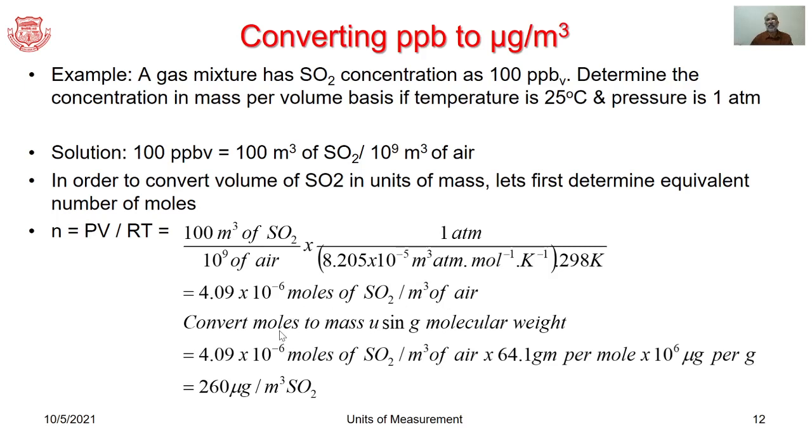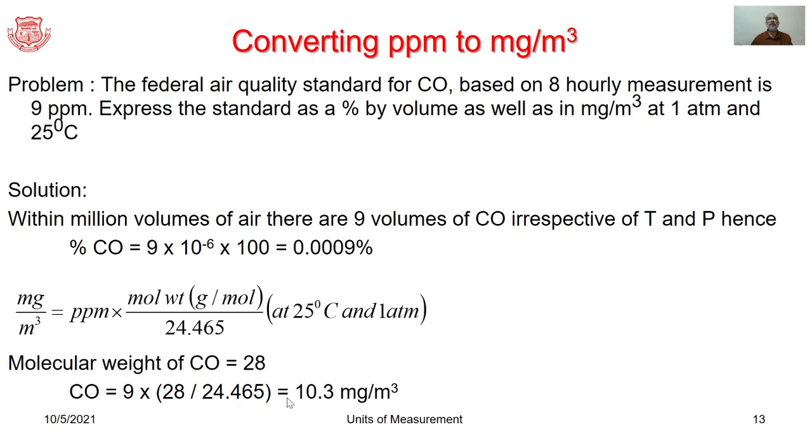So these moles can be converted to mass using the molecular weight. As we multiply the answer by 64.1 gram per mole into 10 raised to 6 microgram per gram, the answer comes to be 260 microgram per cubic meter of sulfur dioxide.